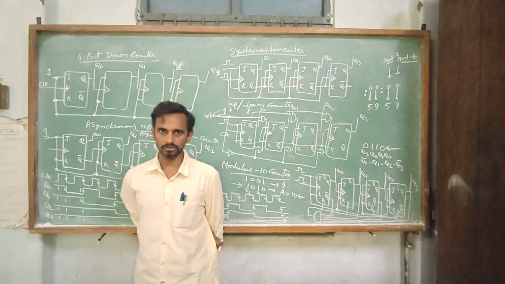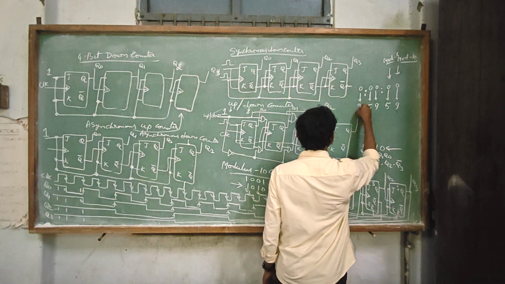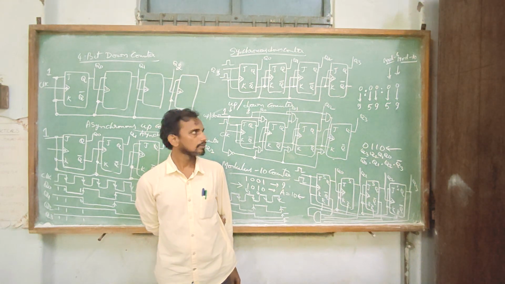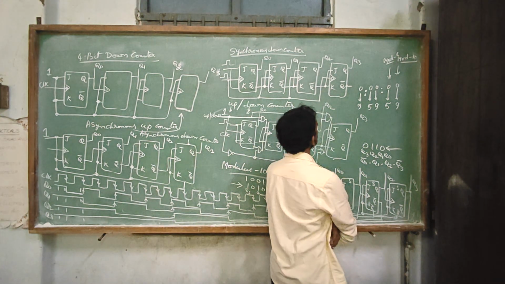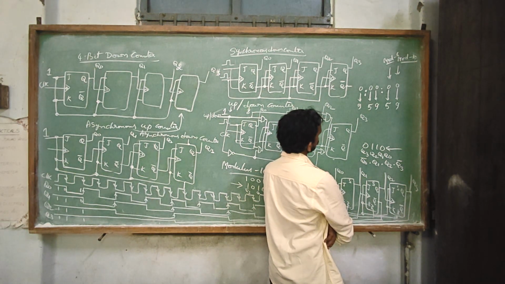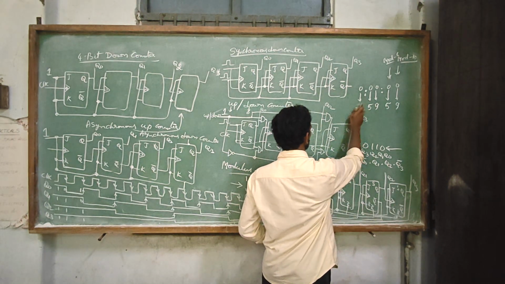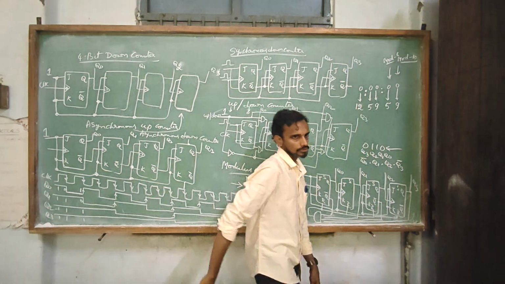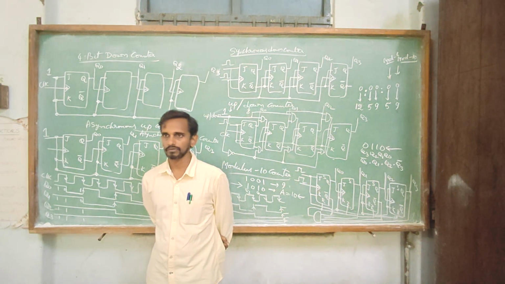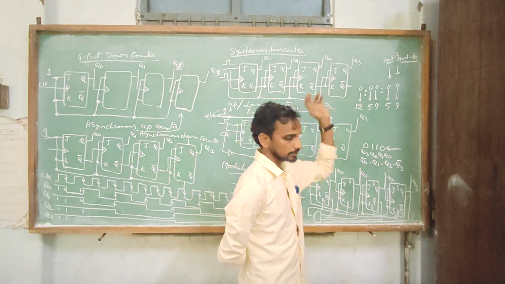Next one, hours counter. So here also you require a decade counter 0 to 9, and for the next counter, instead of 0 to 9 you can directly go up to 0 to 12. So it is a modulus 13 counter, but you won't get any digital output, right?